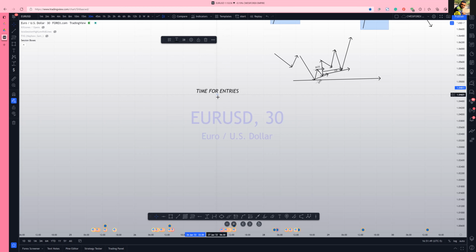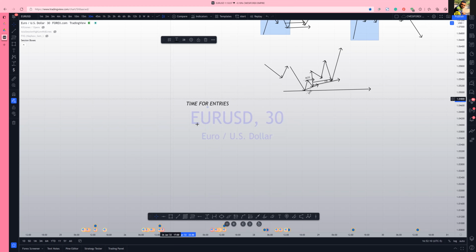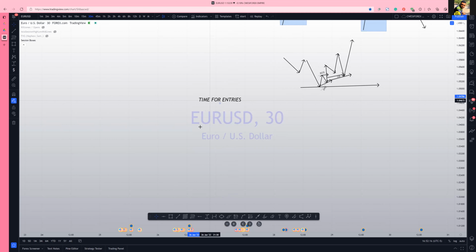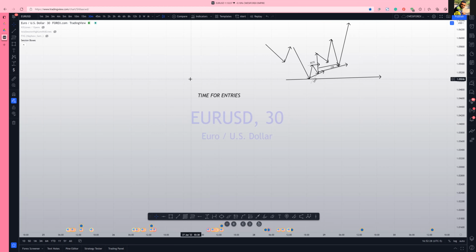For example, 10 minutes before the London session opens or 10 minutes after the London session opens. This is how to enter a trade using the sessions. If you are trading the London session, the best time to enter a trade is 10 minutes before and 10 minutes after the session opens.